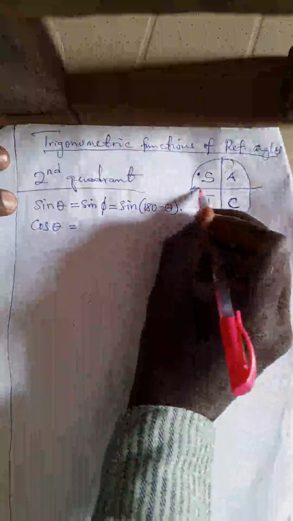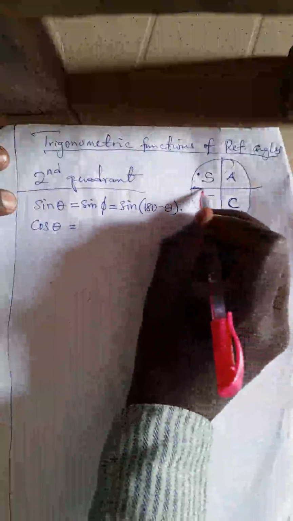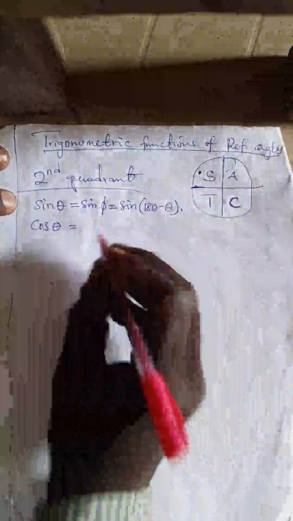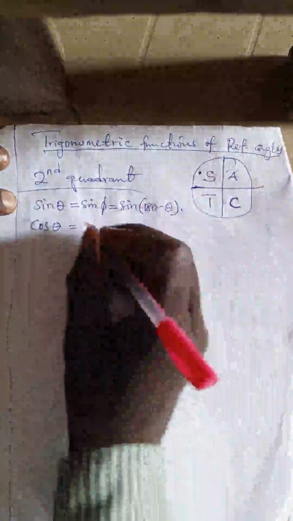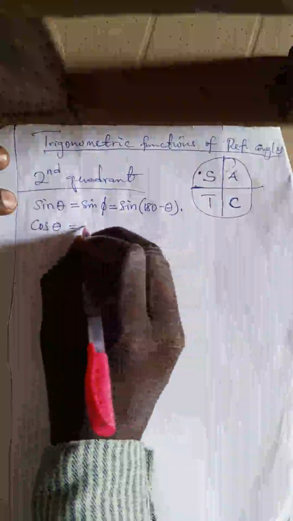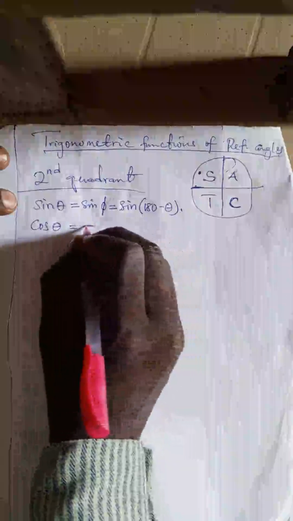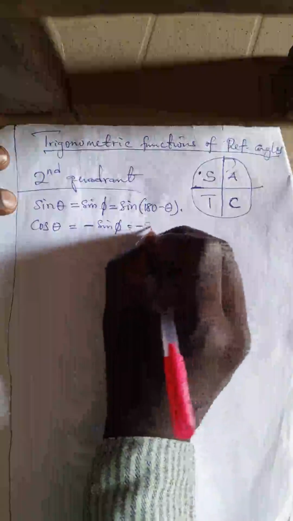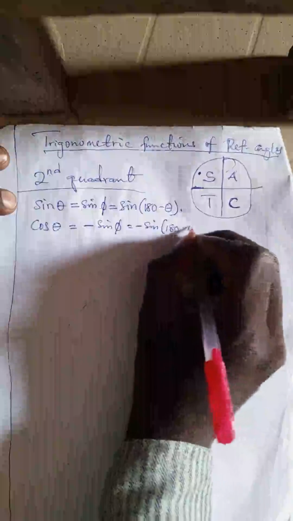Cos theta. In the second quadrant, cosine is negative. Only sine is positive. And so, to continue with this, this is negative sine phi. But phi is the same thing as 180 minus theta.